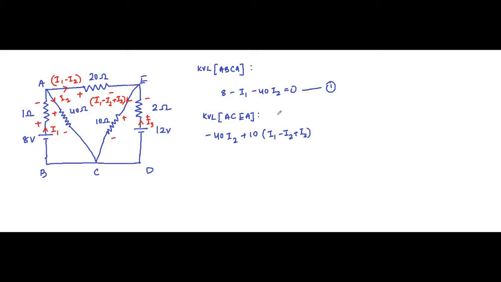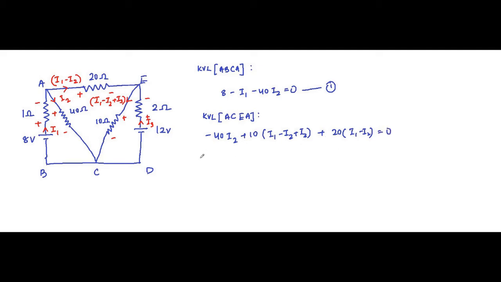Then plus 20 into I1 minus I2. Again we are moving from minus to plus, that's why plus.